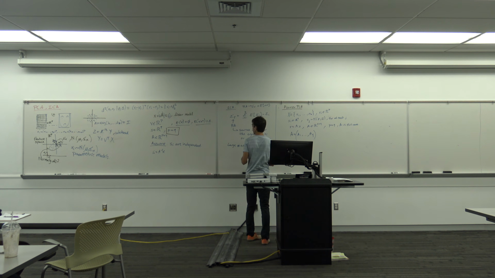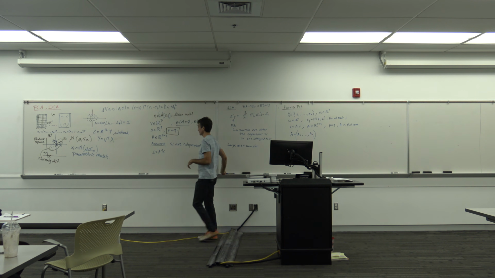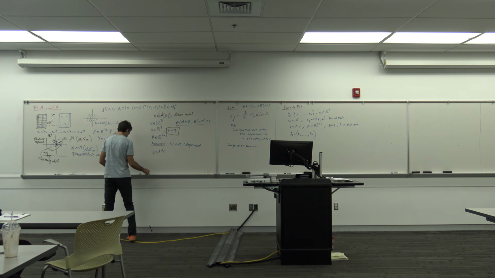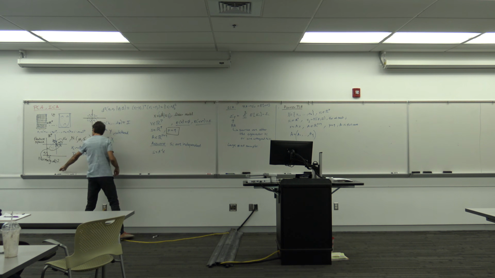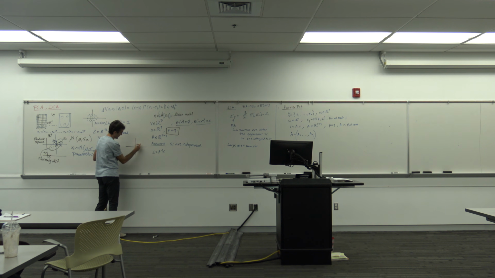And now what I'm going to do is use a trick to find the rotation of my basis. So remember what I have: my space that I have whitened already. So my samples look like this. My covariance matrix is already the identity.